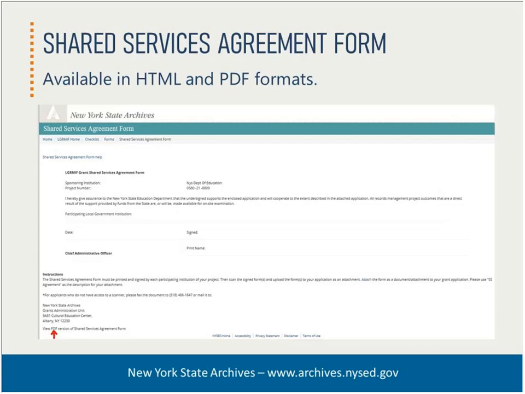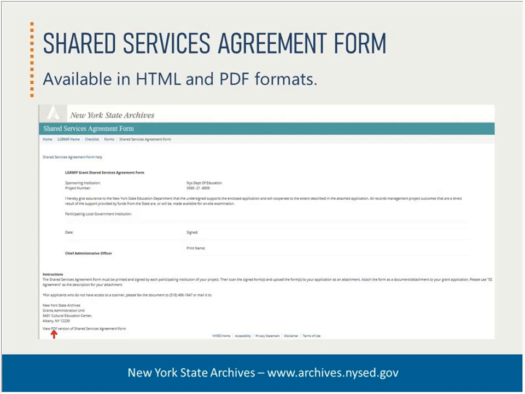Now, this time, we're going to touch on a form that would only be needed if you are proposing a shared services project and are therefore applying with at least one other local government. In that case, the shared services agreement form should be printed out from eGrants, one for each participating local government, so that each party can sign off on their agreement to the project.